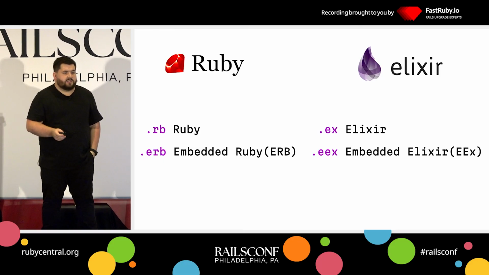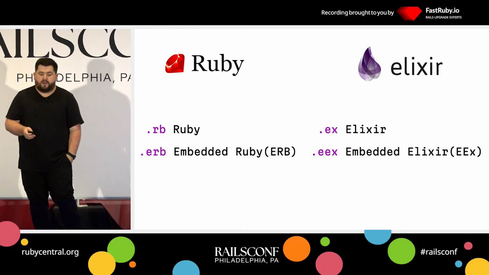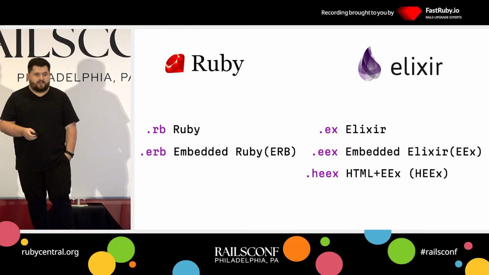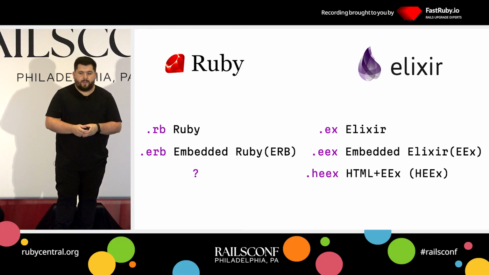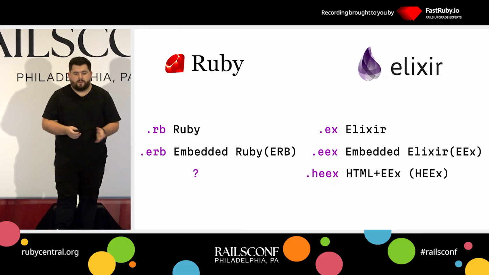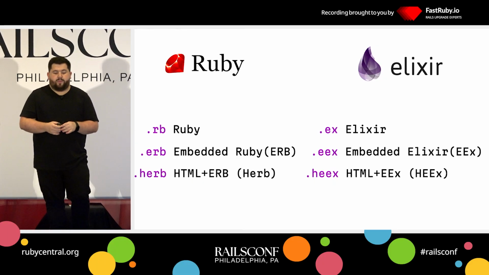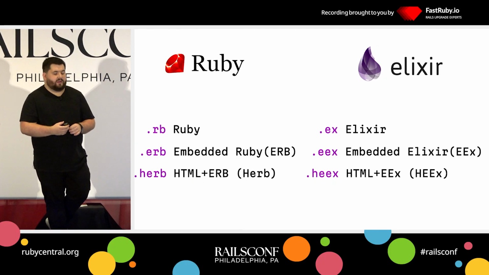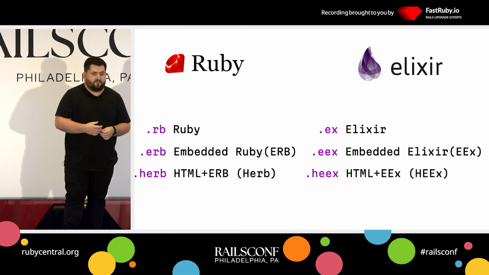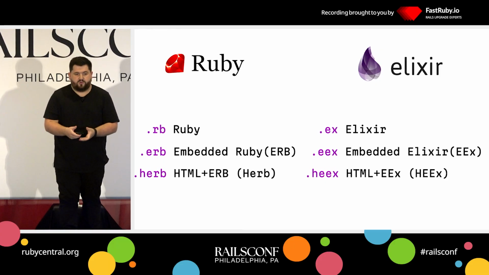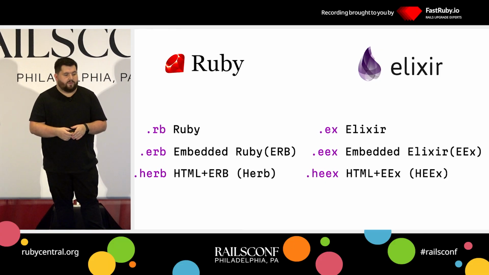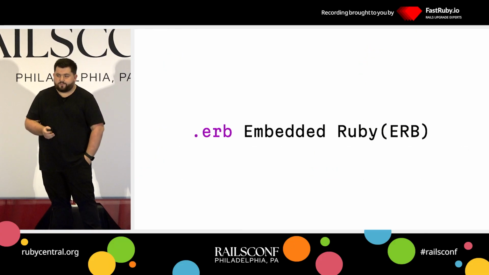The syntax is pretty much the same, but the one thing they have that we don't have is HEEx templates, which is HTML and EEx combined. But we don't have this in Ruby. That's where the name was initially inspired from: that we could have a Herb engine that only produces, or can only produce, valid HTML when you render out these templates.